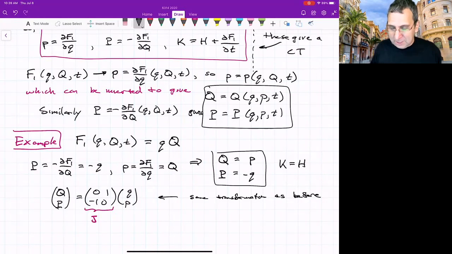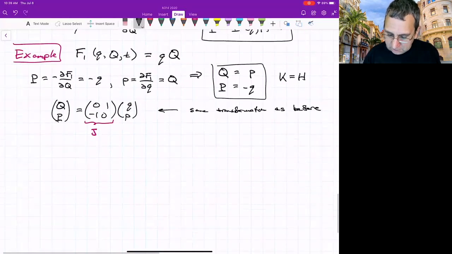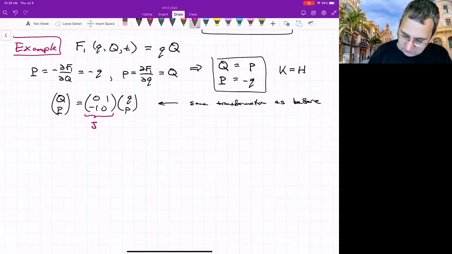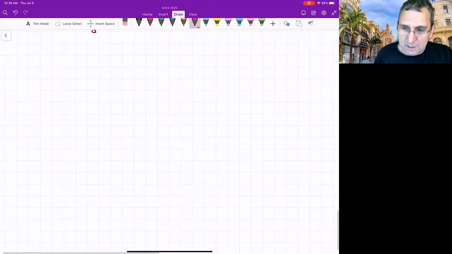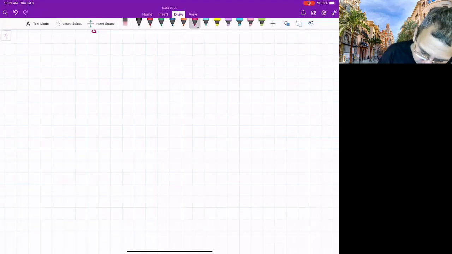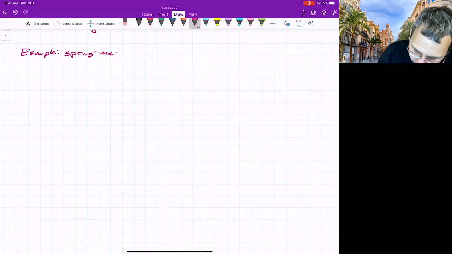At this point, it's just mathematical manipulations. But then if we return to the simple harmonic oscillator example that we've done a few times, maybe it'll be easier to think about. So here's another example. This is the spring mass again, or the simple harmonic oscillator.